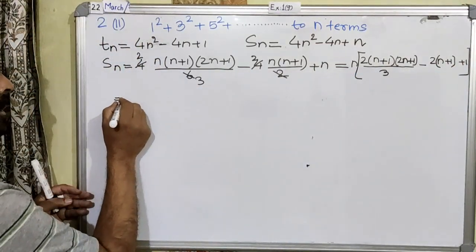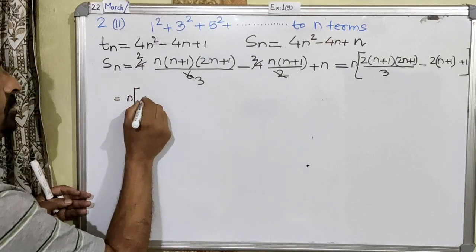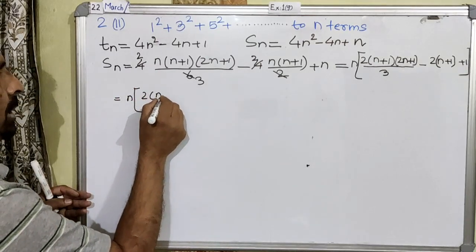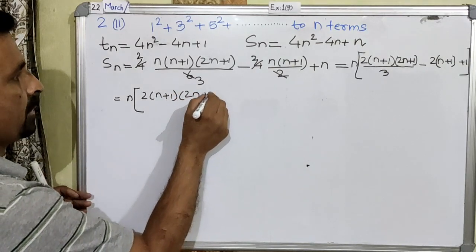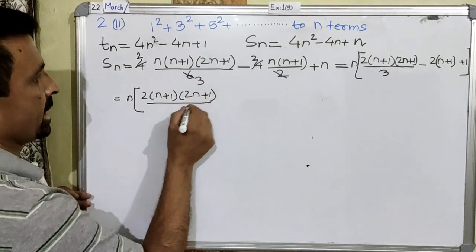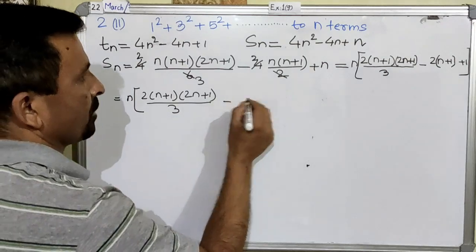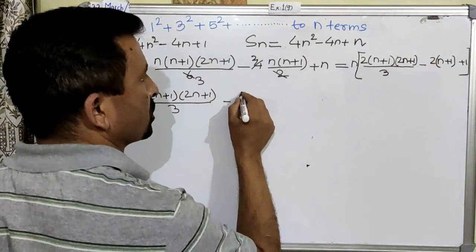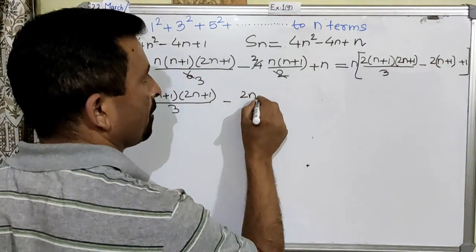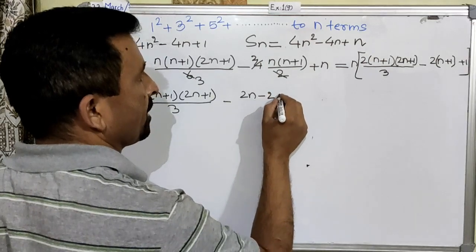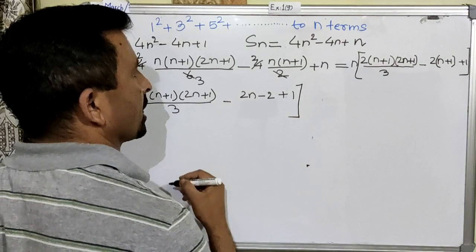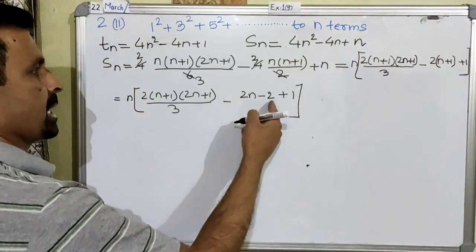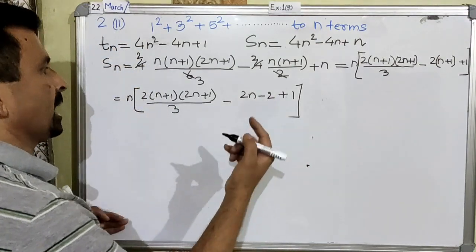This is equal to n into 2(n + 1)(2n + 1) divided by 3 as it is. Then we'll open this bracket, minus 2n minus 2, and then this is plus 1. Clear? Now this can be simplified because minus 2 and plus 1 are like terms.